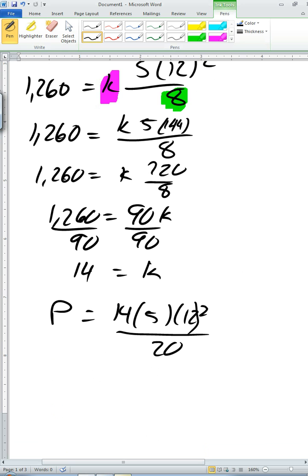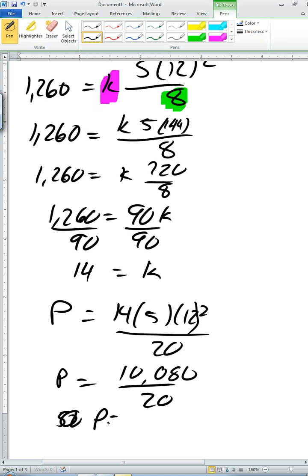So as I multiply this out, first thing I have to do is take 14 times 5 times 12 squared. And I get 10,080. So I get P is 10,080 divided by 20. I get an answer of 504.